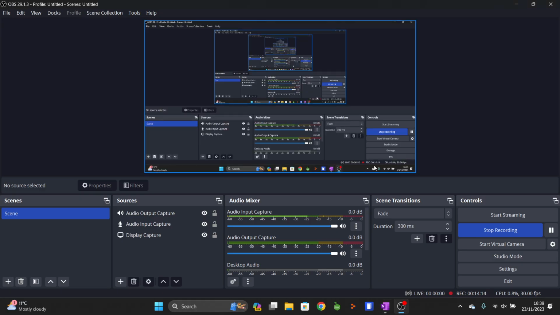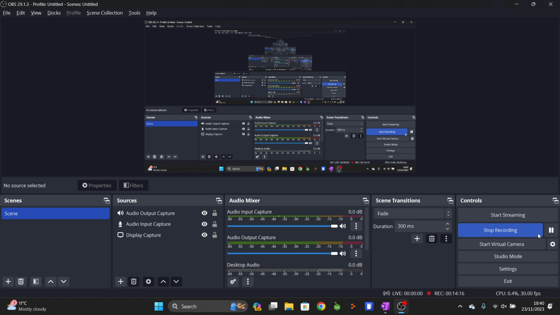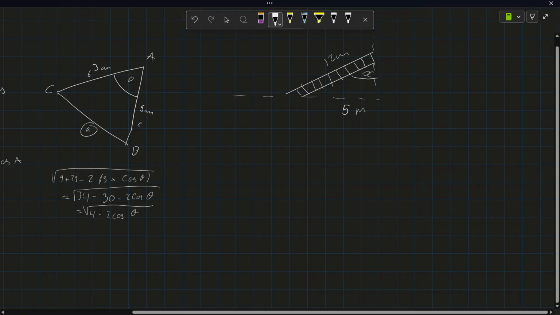Anyways, we have 12 meters, 5 meters. This would be 5 over 12. Nope, I'm bugging. What have I done? Why would I do that? This was meant to be 13.